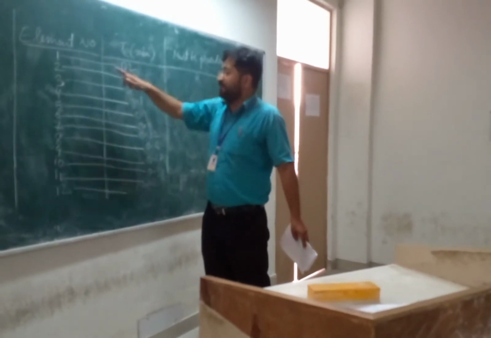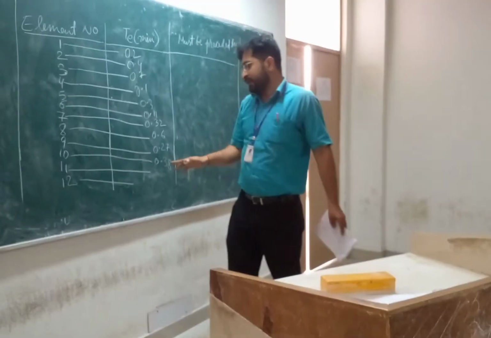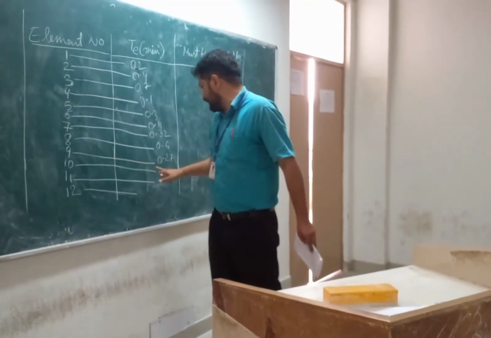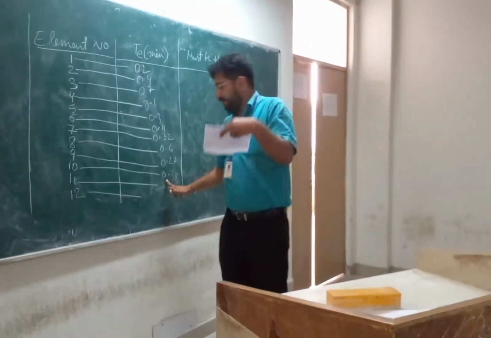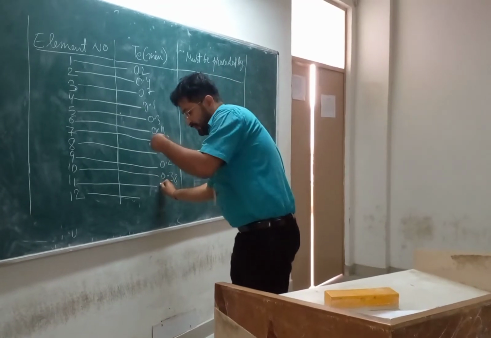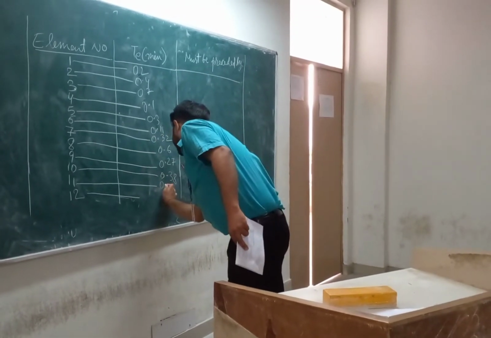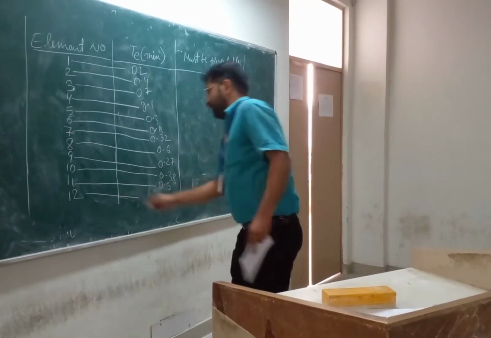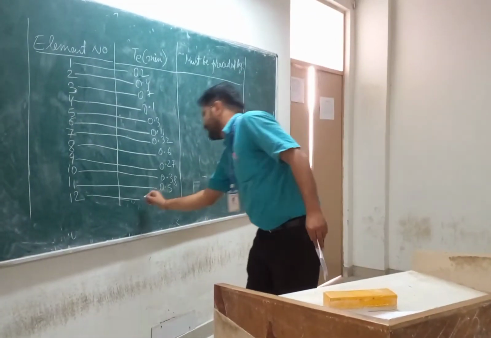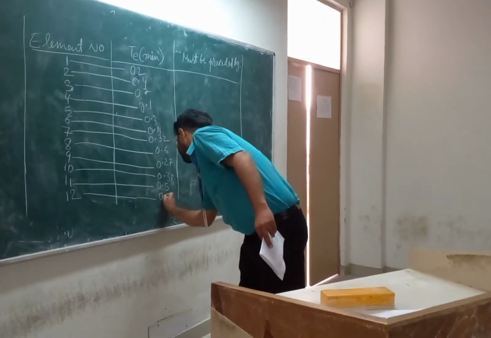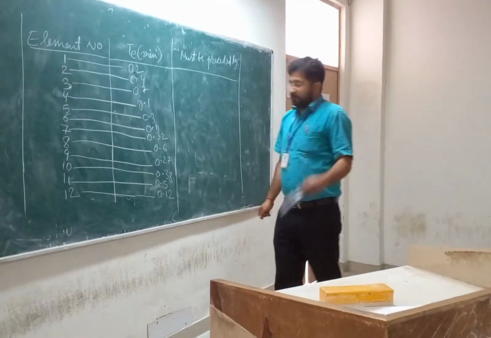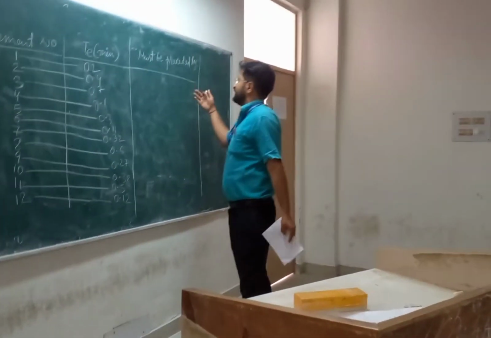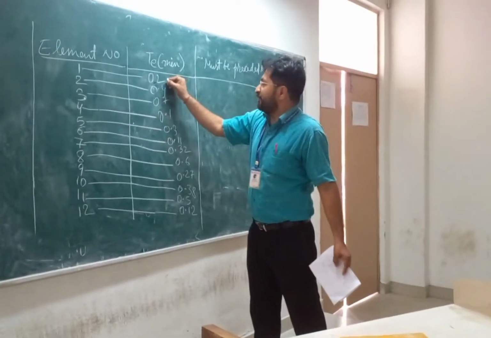The process time for each element is given here. For the 10th element the process time is 0.38, for the 11th element it is 0.5, and for the 12th element it is 0.12. Similarly, the preceding of the elements.